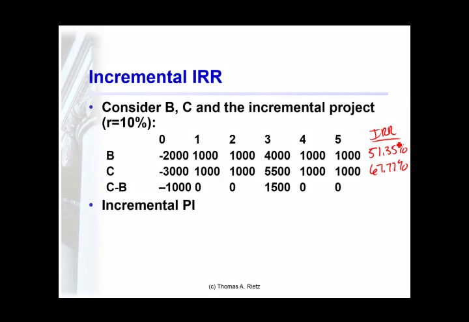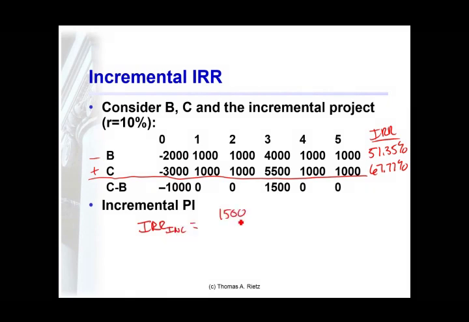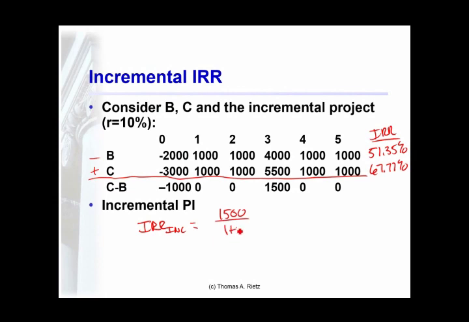The question is it worth the additional $1 million to get $1.5 million in 3 years, taking the incremental project, the difference between C and B? Well, the answer is yes. We need to find the interest rate that equates the present value of the incremental cash flow with the additional investment we need to make.